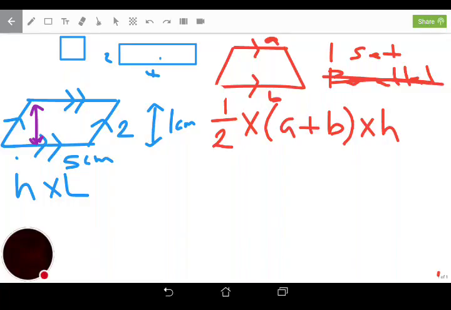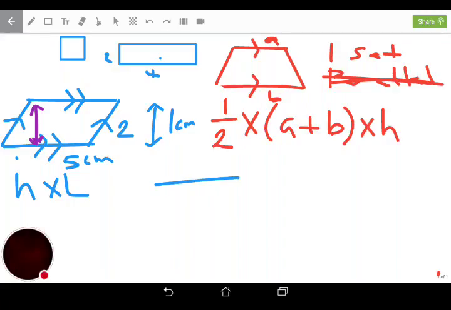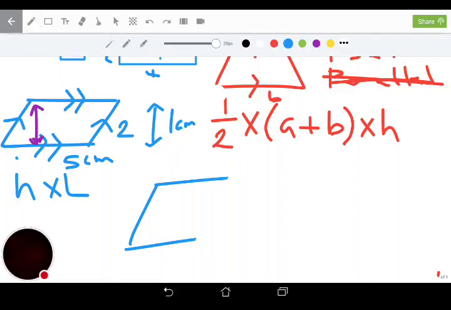The other thing that we need to know how to find the area of is a rhombus. A rhombus is very much like a square.